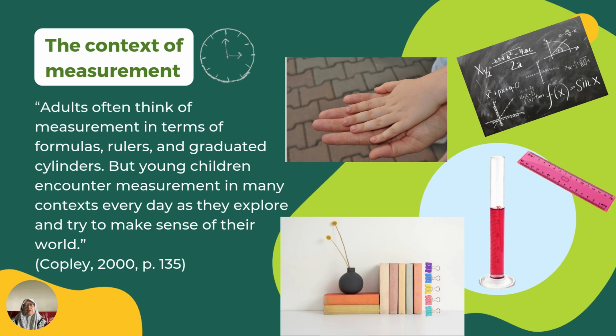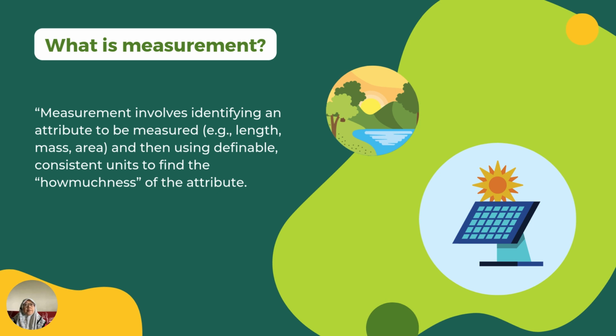And you as teachers are trying to teach them and change their perspective from just seeing something big or small to actually measuring it so that they can conclude that, oh, this is big, or this is small. Okay, right, next one. So, what is measurement?